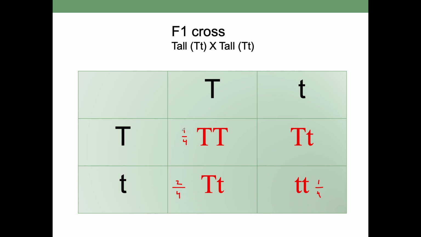So if you add all these up, 1 plus 1 is 2, plus 2 is 4, you get 4 out of 4 different genotypes. We've already talked about the phenotype frequencies, right? 3 out of 4 are tall, and 1 out of 4 are short.